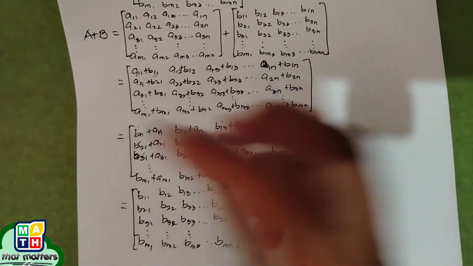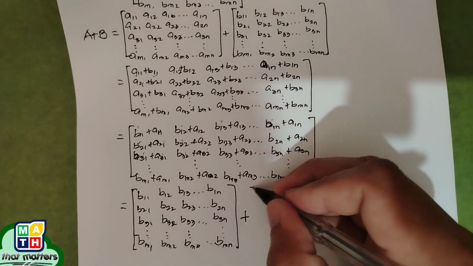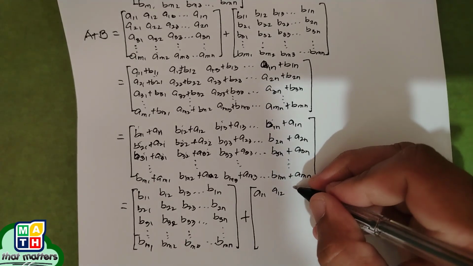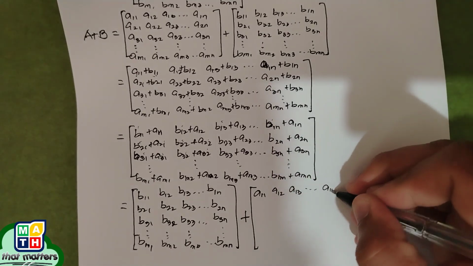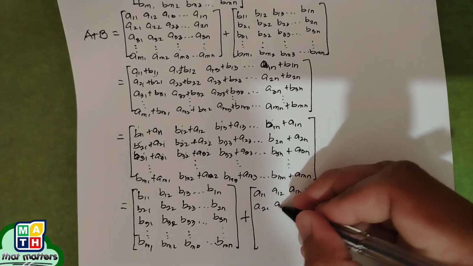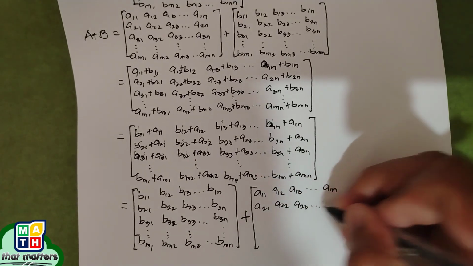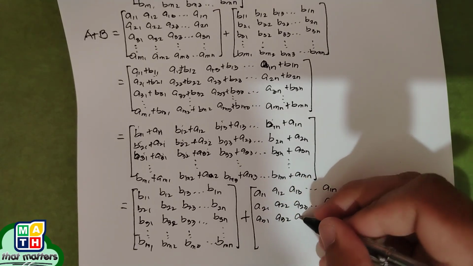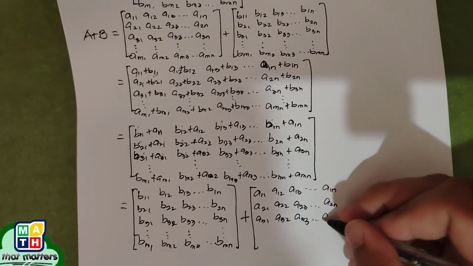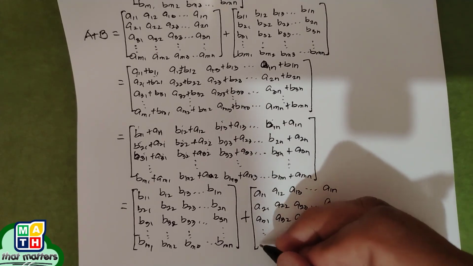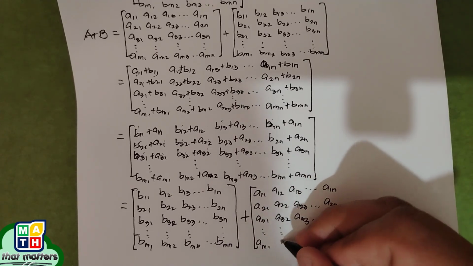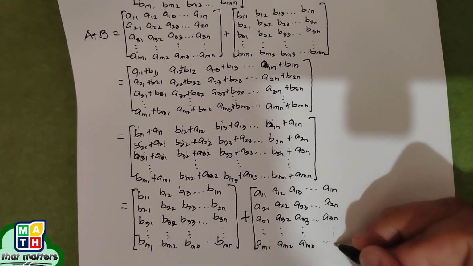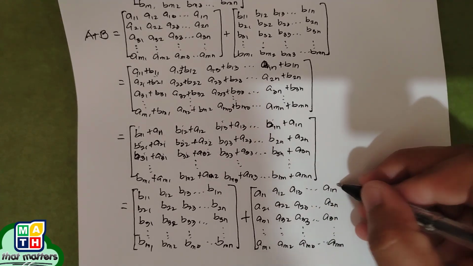Then, since they're all under addition, plus the second components: A11, A12, A13, A1n, A21, A22, A23, A2n, A31, A32, A33, A3n, and you have here Am1, Am2, Am3, Amn.